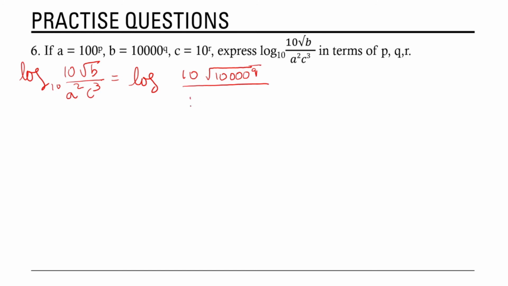A is 100 raised to p, the whole square. C cube is 10 raised to r the whole cube.